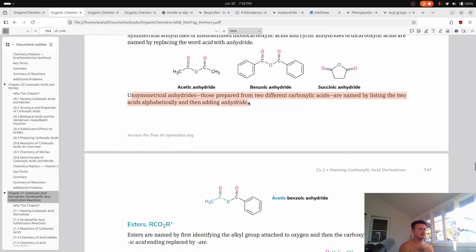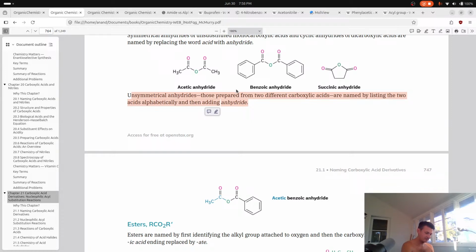Unsymmetrical anhydrides, those prepared from two different carboxylic acids, are named by listing the two acids alphabetically. Okay, so here's an example.